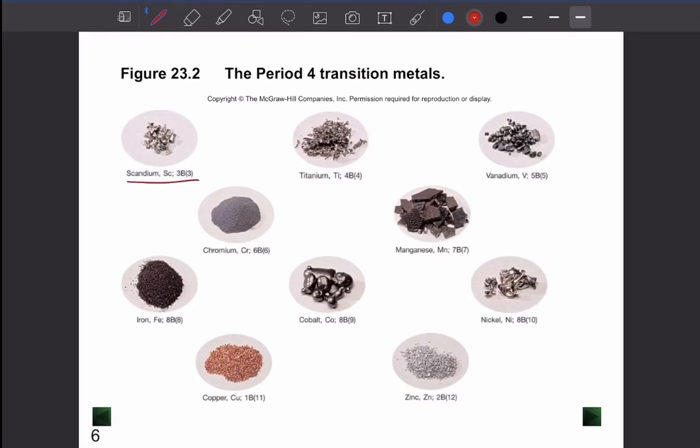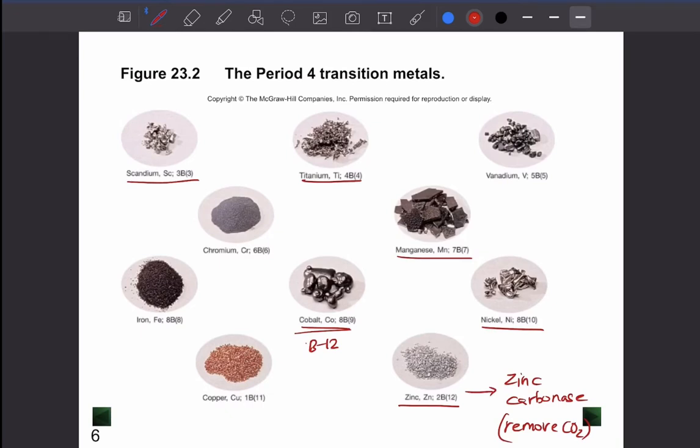Some examples: scandium, which you can find in earth. Titanium is another metal. Manganese is another metal we use. Cobalt is the element present in vitamin B12. You can see nickel and zinc. Zinc is an element present in an enzyme called carbonic anhydrase, which is used to remove carbon dioxide from your lungs.